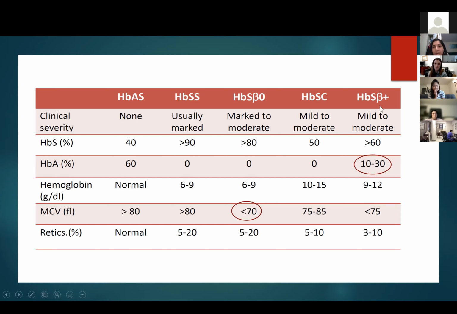And then hemoglobin S beta plus would have some amount of hemoglobin A, usually 10 to 30%. And like you can see, these patients have lesser degree of anemia and lesser degree of reticulocytosis compared to the other two genotypes.